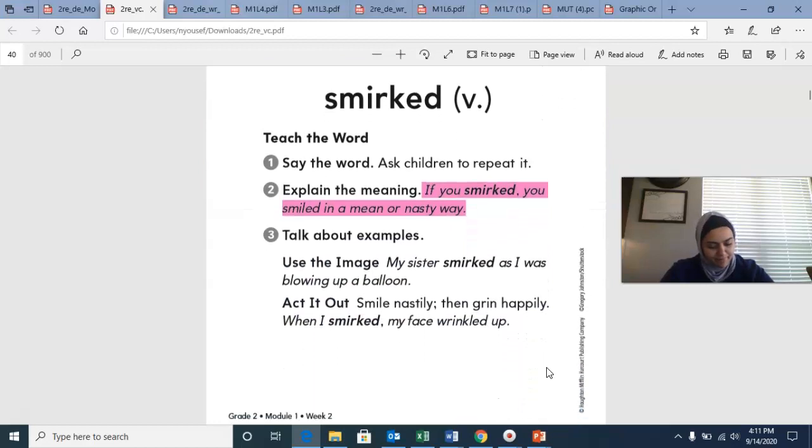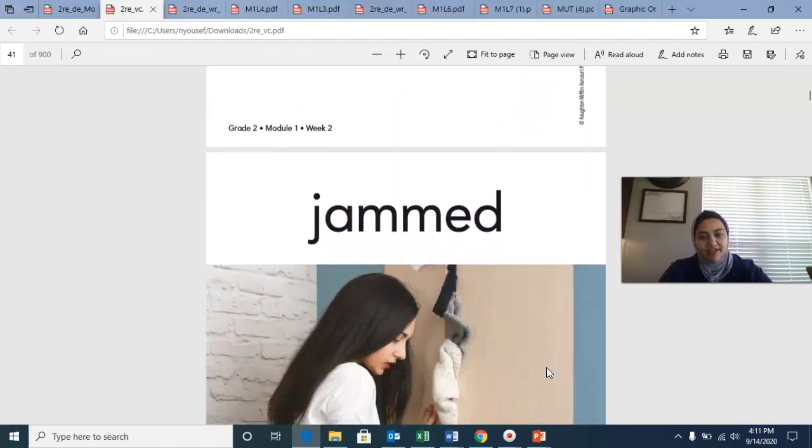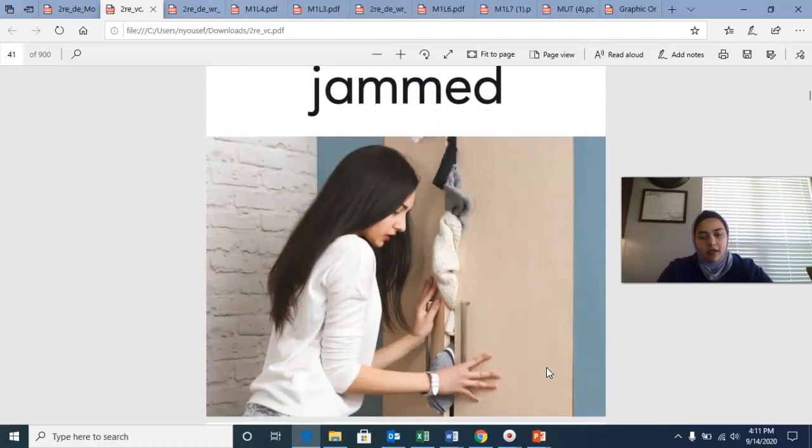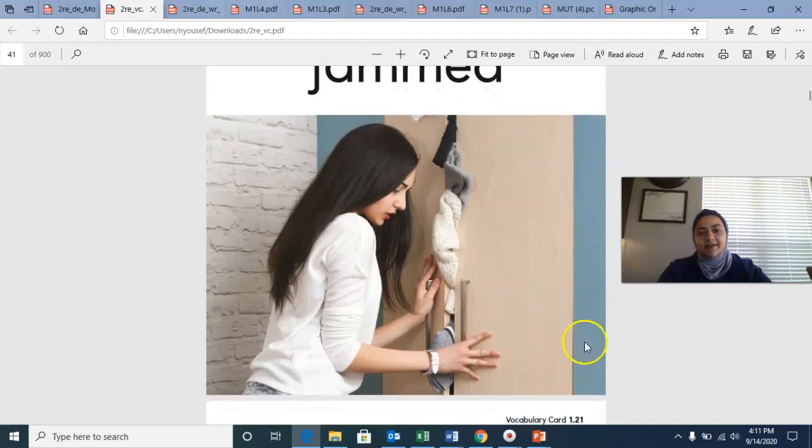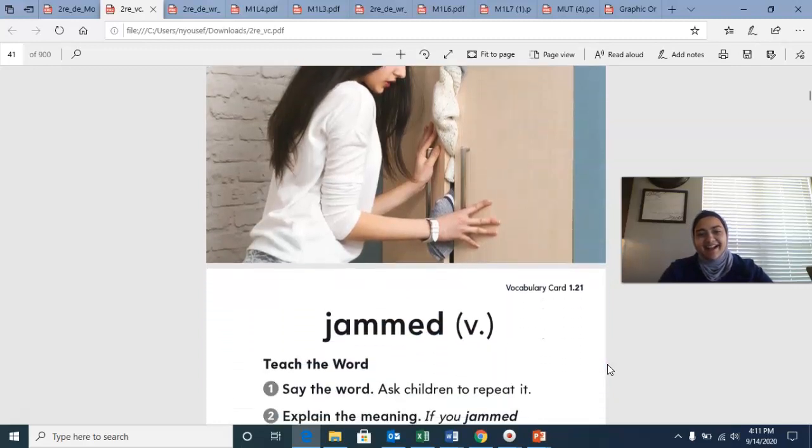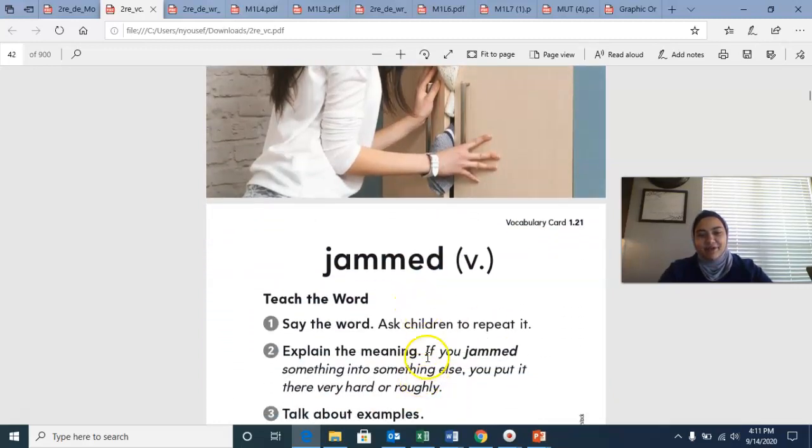All right. The next word is jammed. Oh no, she has her clothes jammed in the closet. I feel that way a lot sometimes. You just have to put it in there and close it real fast before it falls out. If you jammed something into something else, you put it there very hard or roughly.